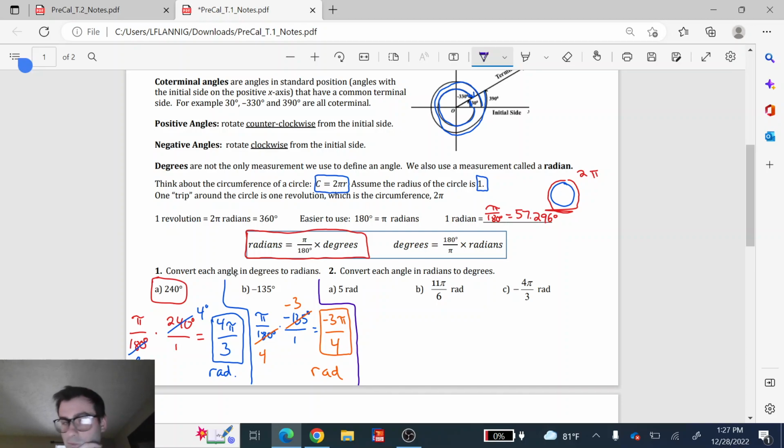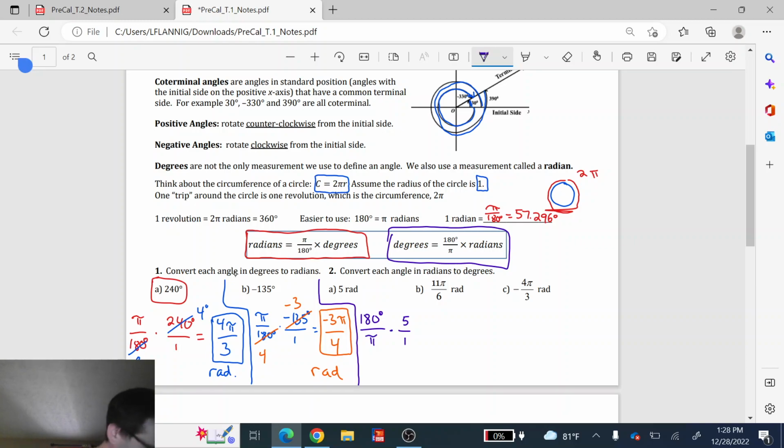Okay, now we have 5 radians. We're given radians now, and we're trying to get to degrees. So we're going to use this one right here. So we start with 180 degrees, we have that over pi, and we're going to multiply that by the number of radians, or 5 over 1. That will give us 180 times 5 over pi, which unfortunately doesn't reduce at all.